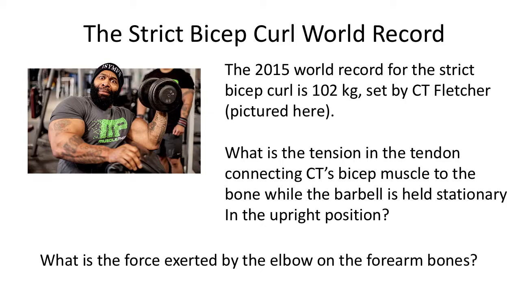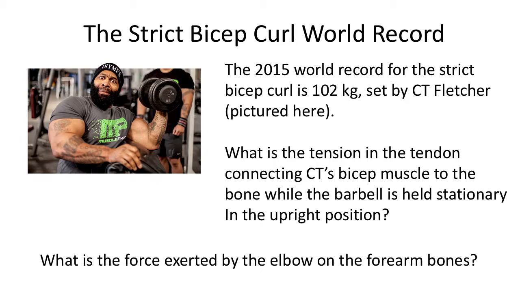So the sum of forces in the y direction is equal to the force of tension on the tendon minus the force of the elbow minus the force of the barbell. That equals 0. Does everybody see that? In order for this thing to be in equilibrium, I have the tension pulling up, I have the barbell pushing down, but I have to have my elbow, my upper arm, pushing down, or else my arm would rotate.